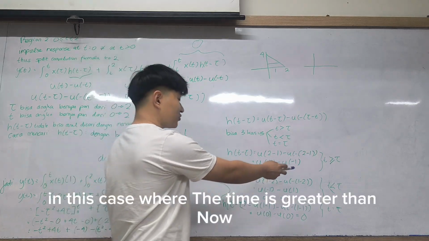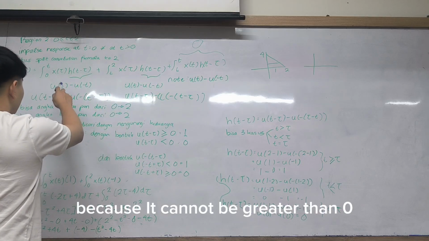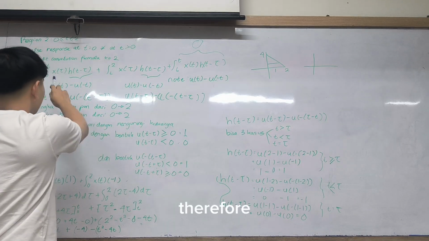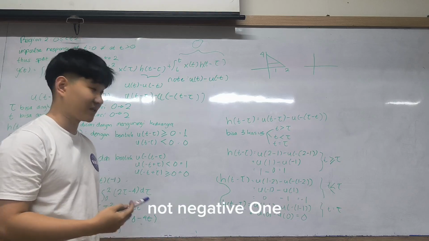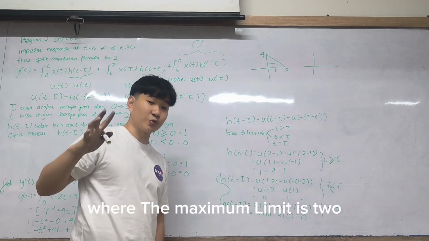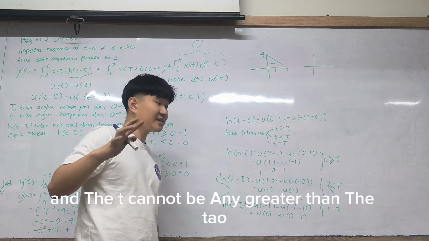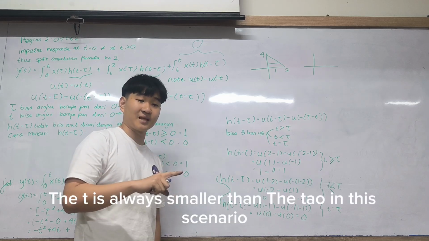And therefore, in this case, where the time is greater than tau, it will be in this first scenario because it cannot be greater than 0. Therefore, for this scenario, we use the impulse response of +1, not -1. The same rule applies to the second one, where the maximum limit is 2. And the t cannot be any greater than the tau. Therefore, the t is always smaller than the tau in this scenario.